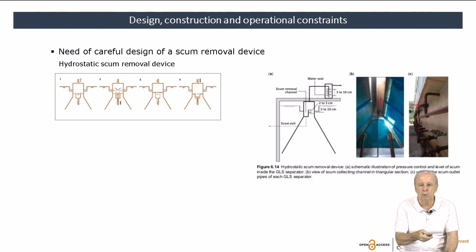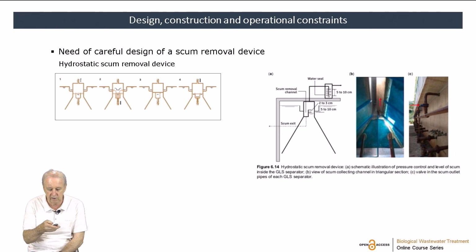How is this in practice? Here we have a figure that is in the book, figure 6.14, where you can see that this gas chamber communicates with a hydraulic seal where we can control the pressure via the water level. So if you put 5 to 10 centimeters of pressure here, this 5 to 10 centimeters will be transferred to here, and you put another 2 to 3 centimeters below the top of the collection channel.